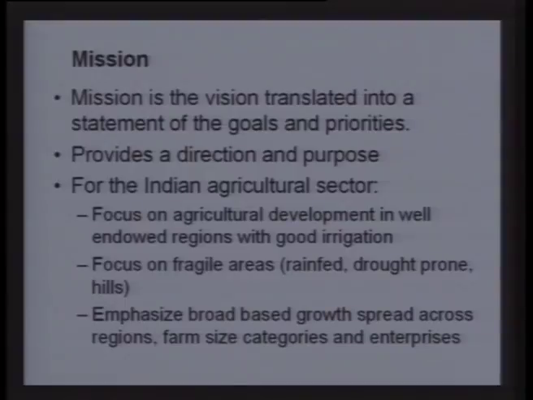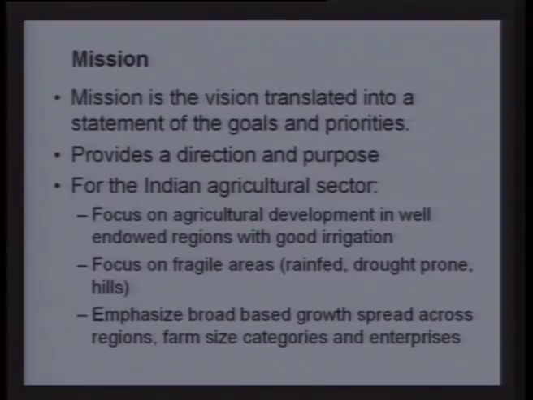Then mission is the vision translated into a statement of goals and priorities. It is very specific, a narrow part of the vision, so it provides direction and purpose. For example, in the case of the Indian agriculture sector, focus on agriculture development in well endowed regions with good irrigation.